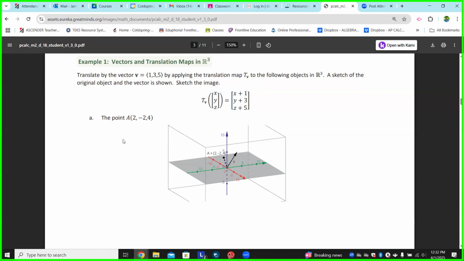Perfect. So if I take this point right here, 2, -2, 4, and I apply this, let's see where it lands. How do you think I would apply it? Just add them, that's right. So if I want my new point, we'll call it A prime in this case, that's going to be this point right here.